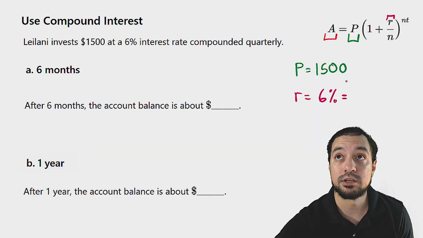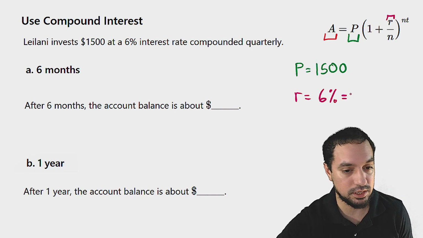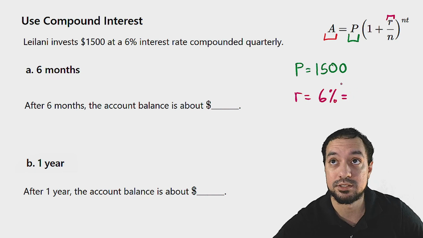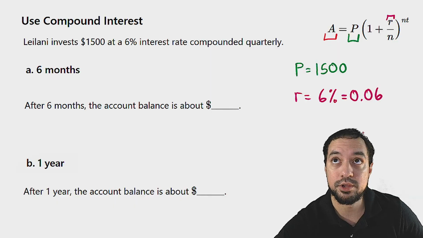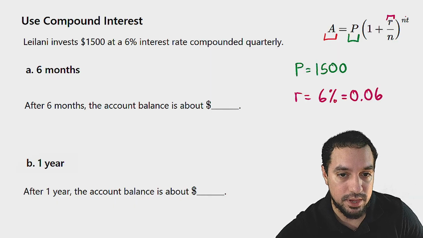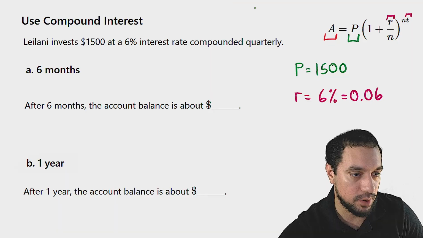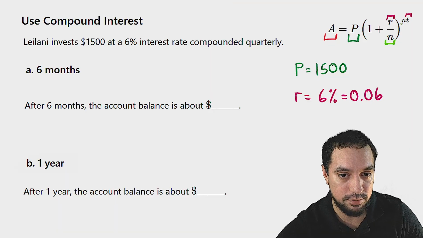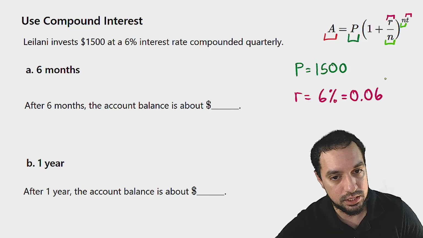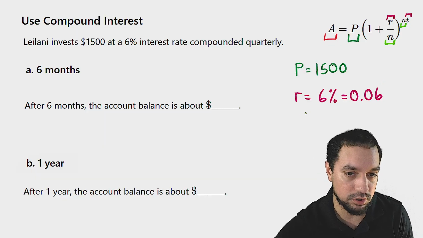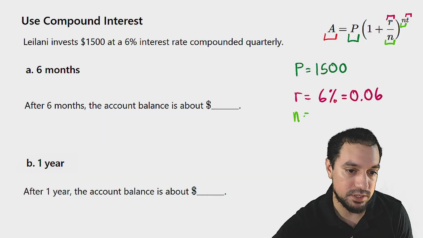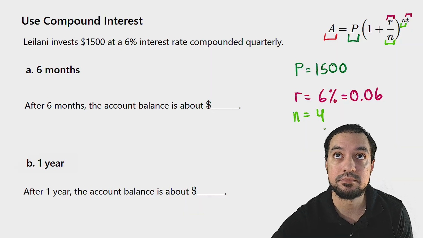The interest rate cannot be entered as a percentage. It has to be entered as a decimal, so we'll do a conversion to a decimal there. And N represents how many times we compound in a period, being a year. Because we are compounding quarterly, that means we are compounding 4 times in a year.